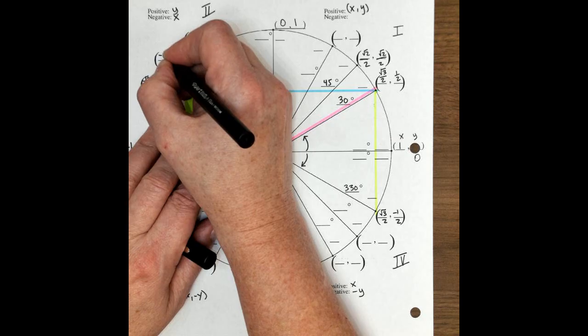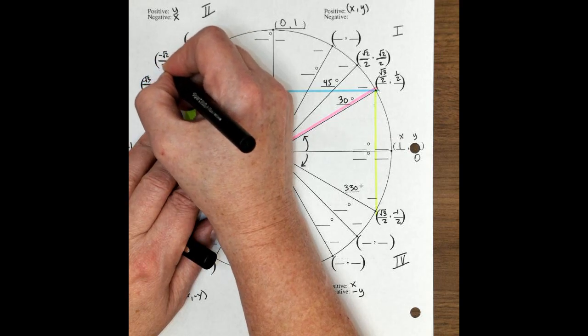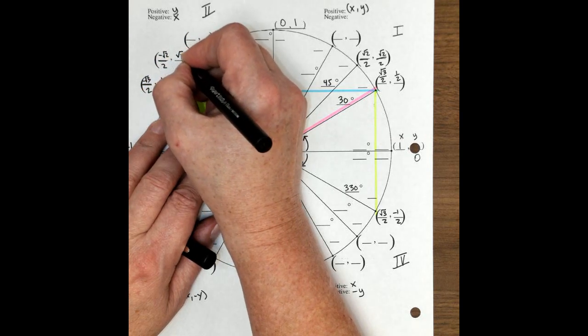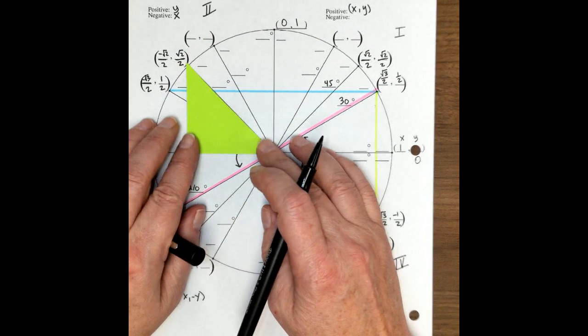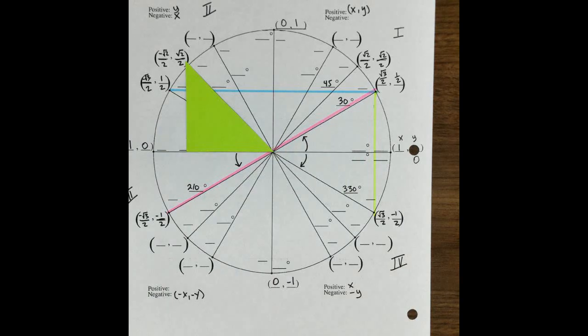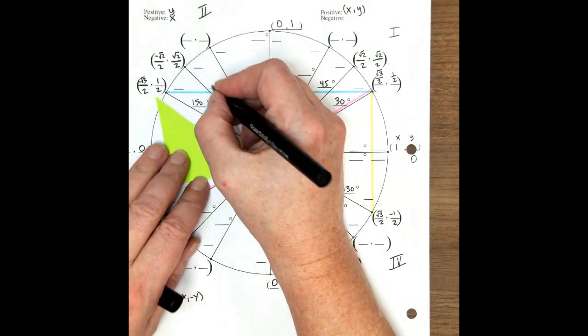So this is negative square root of 2 over 2, positive square root of 2 over 2. And then you have 180 minus 45, which gives you 135 here.